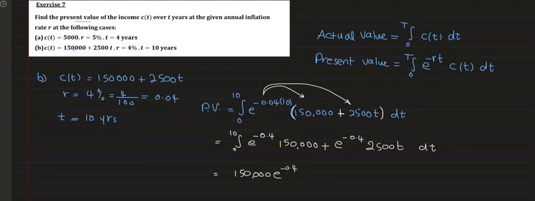Do we miss a t here? Yes, we missed a t here. So this t is not the capital T, this is the small t. So here we still have the 0.04 as the inflation rate multiplied with the t, and here as well, 0.04 t.